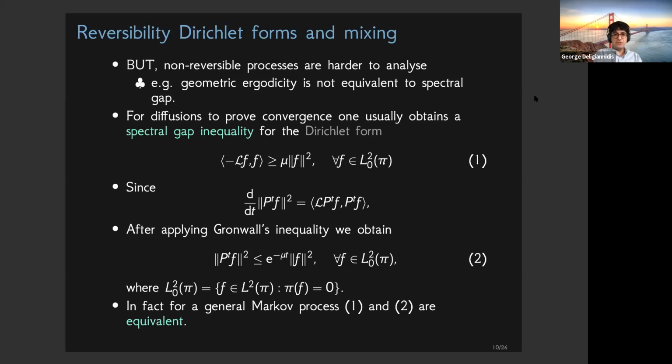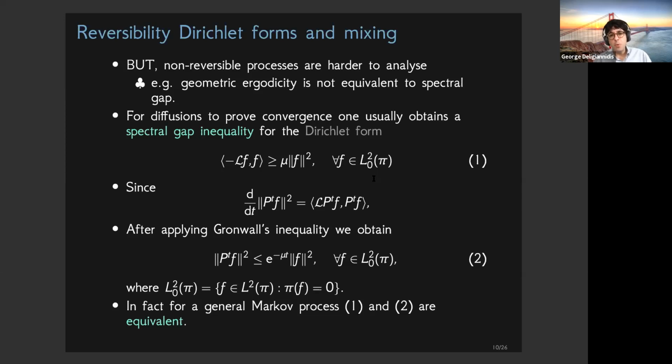Okay, so let's go a little bit through how one would prove exponential convergence from a spectral gap for diffusions, and then we'll see how this ties into the rest of my talk. For diffusions, usually one uses something which I will call a spectral gap inequality, to distinguish it from a spectral gap, which essentially is an inequality for the Dirichlet form. So you're assuming that the Dirichlet form for the generator is lower bounded by some constant times the variance of the function, at least if you look at functions with zero mean.